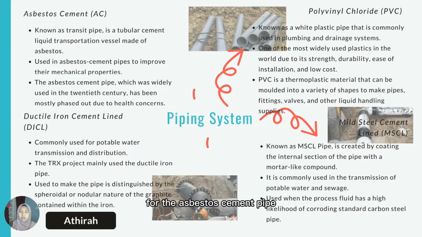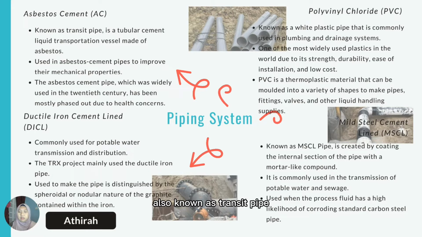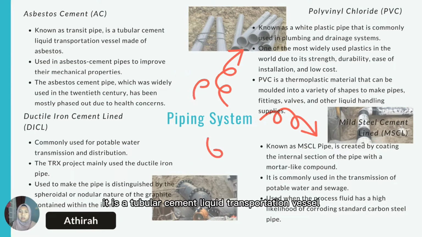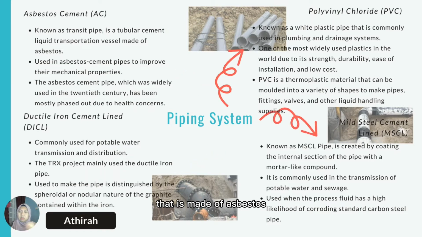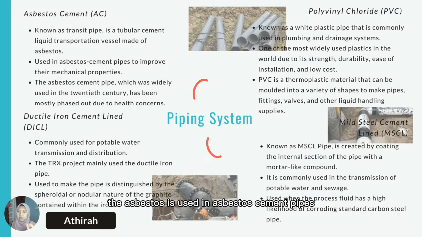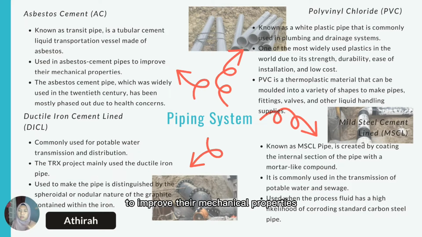For the asbestos cement pipe, also known as a transit pipe, it is a tubular cement liquid transportation vessel that is made of asbestos. The asbestos is used in asbestos cement pipes to improve their mechanical properties.